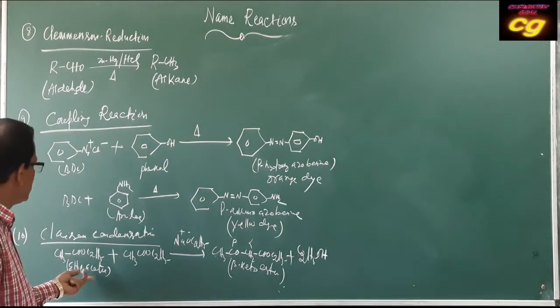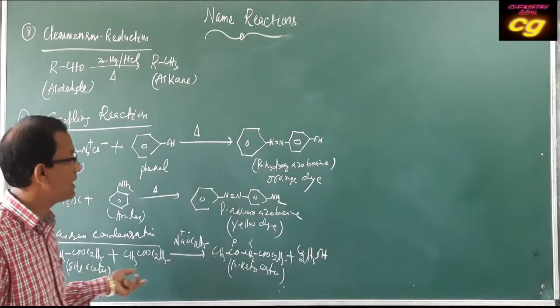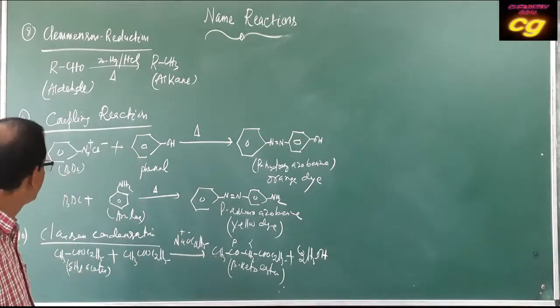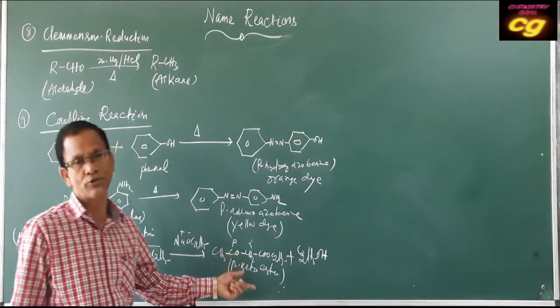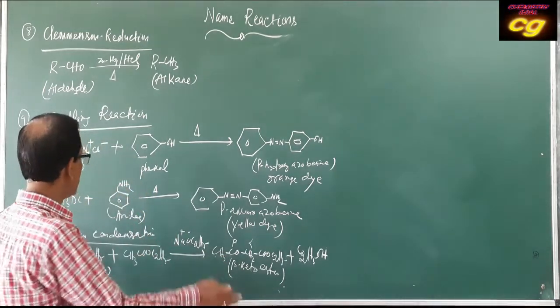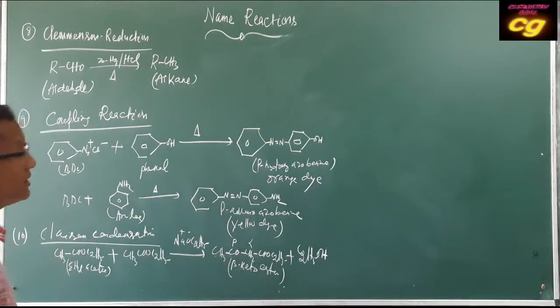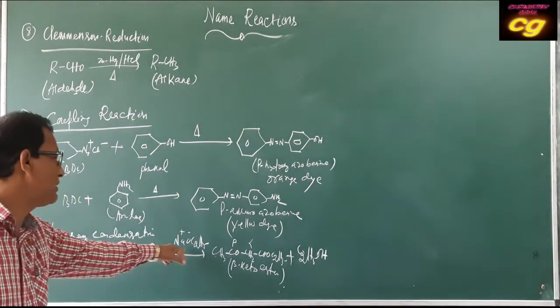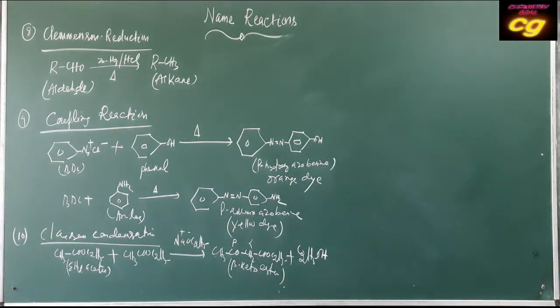This is the conversion of ester to beta keto ester. Remember this. This condensation is called Claisen condensation. It takes place in the presence of sodium ethoxide, which acts as a base.